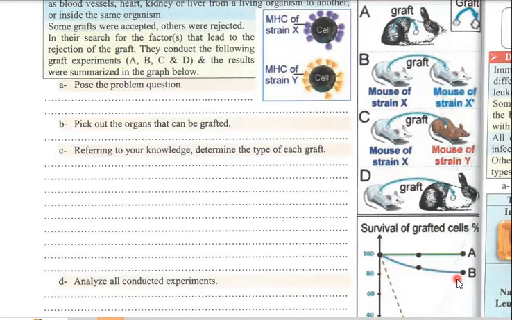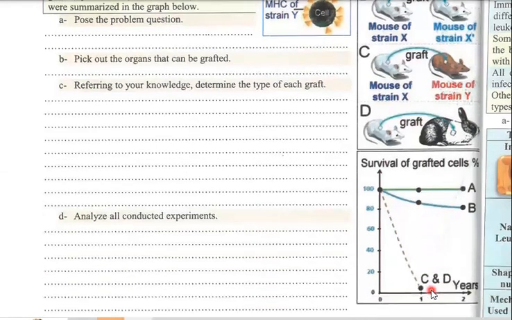This is a successful graft, but the first one was more successful. However, look at C and D. After 1 year, almost 2 or 0% of the graft were alive. They are all dead. All the cells were dead after 1 year. So these two did not work well.